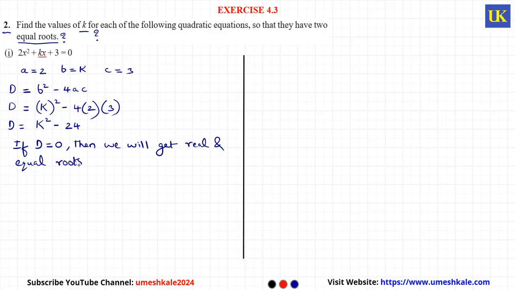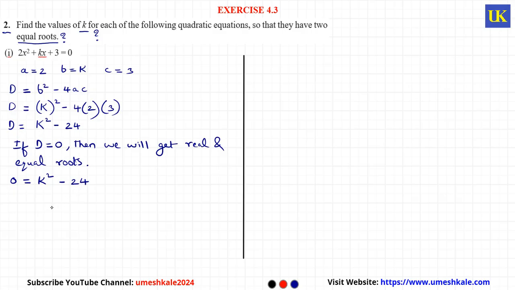We have understood this, right? In our last video, in the introduction part, I have explained this. So in order to get real and equal roots, D should be equal to 0, right? So we have to find the value of k in such a way that we get equal and real roots. So in this equation, we have to put the D value as 0.